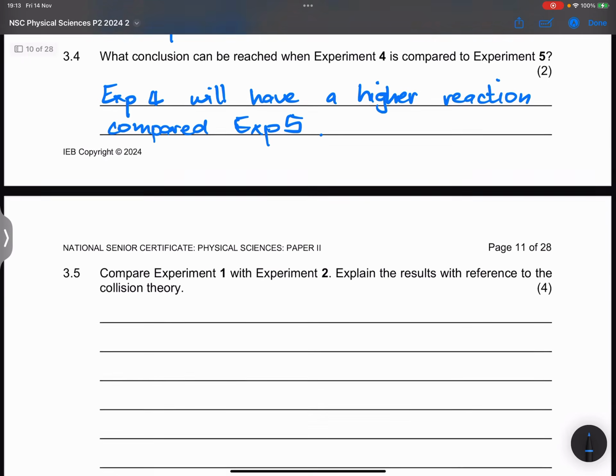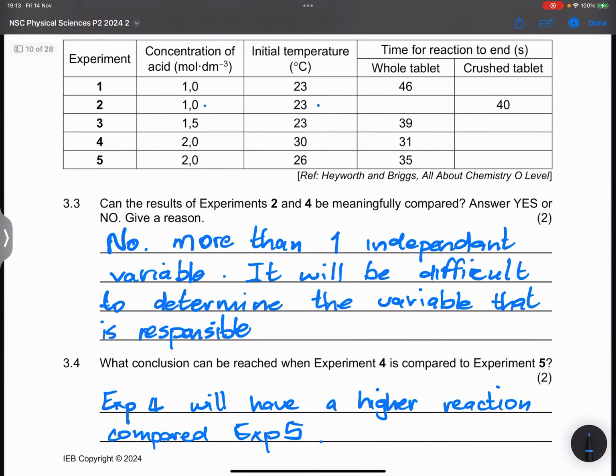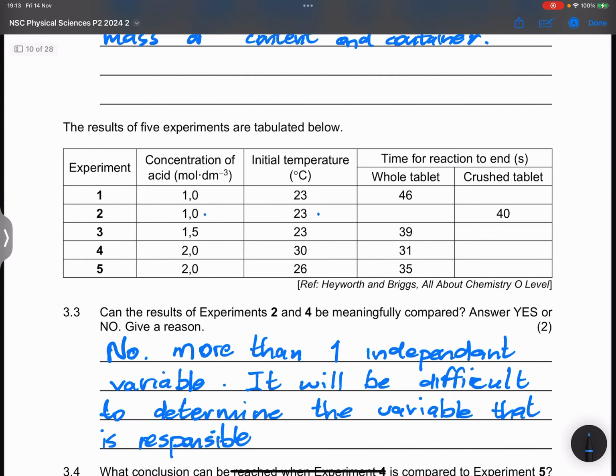They said to us, compare experiment 1 with experiment 2, explain the results with reference to the collision theory. So definitely here we need to write down what the cause of the change is.